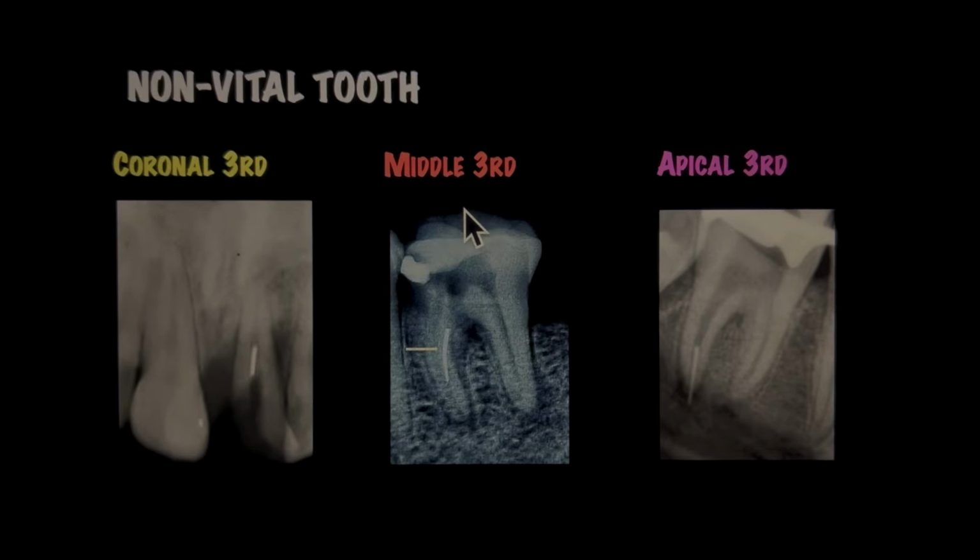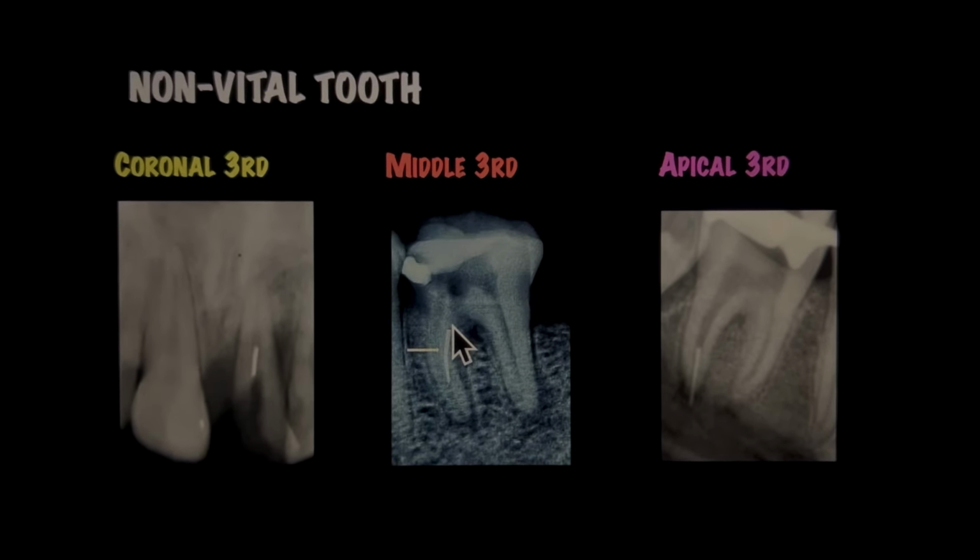In case of the middle third, try for a bypass. If not possible, then consider calcium hydroxide intracanal medicament therapy for 2 to 4 weeks. If asymptomatic during this period, then complete the obturation, do an immediate post-op filling, and wait for the follow-up.